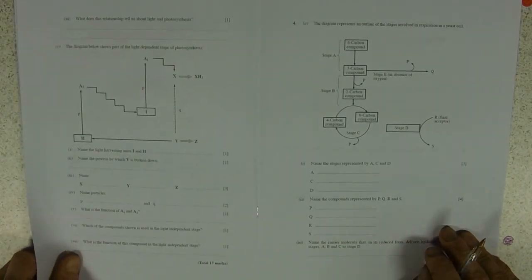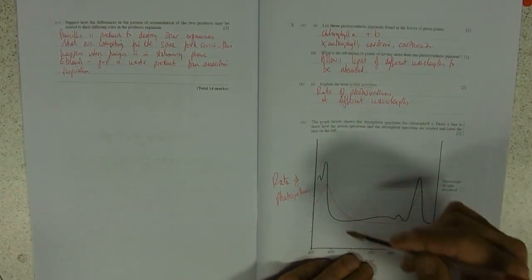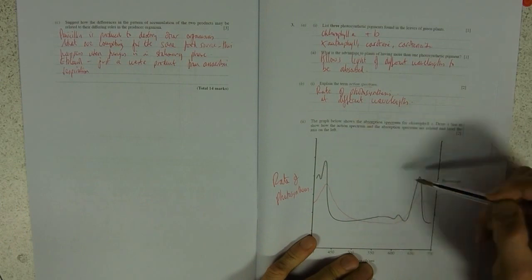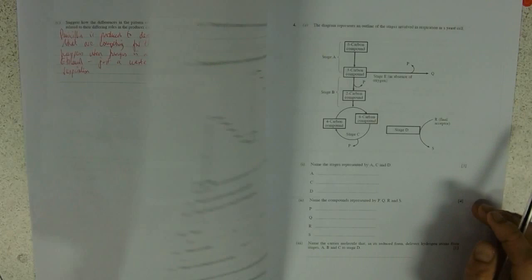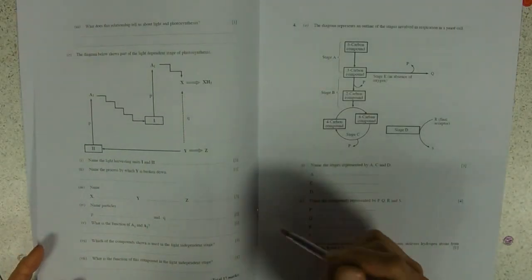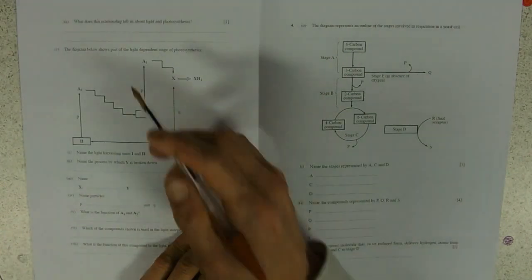It's wanting a little explanation of this. What does this relationship tell us about light and photosynthesis? Well, the wavelengths most absorbed, our black line, well, they're used in photosynthesis, and they power the chemical reactions.